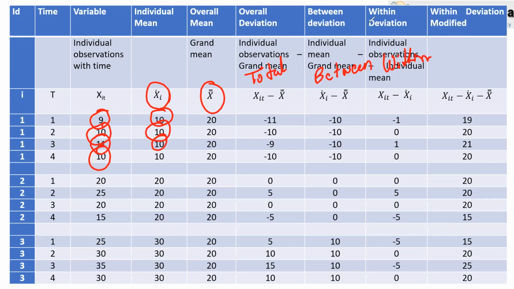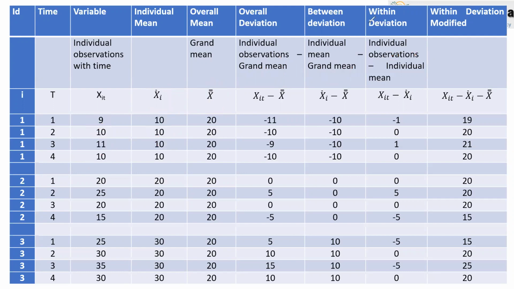Okay, now I am showing you all these things because I want to ask you one thing. Number one, imagine the properties of total, between, and within for three types of variables: time invariant, cross-section invariant, and total invariant.